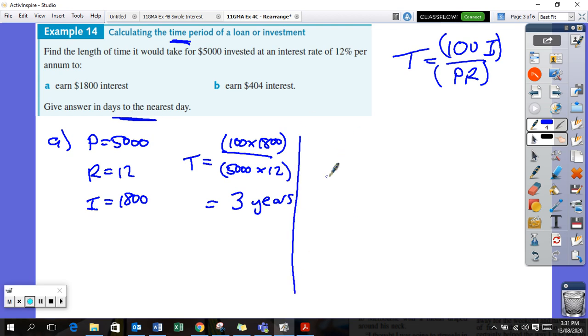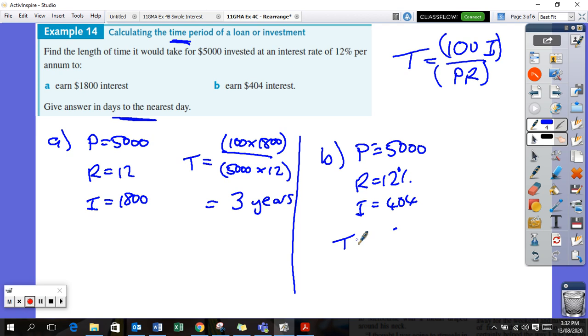So that's part A. So part B, once again, the principal is $5,000. The interest rate is still 12%. And this time the interest is $404 interest. So time equals 100 times 404 over 5,000 times 12.